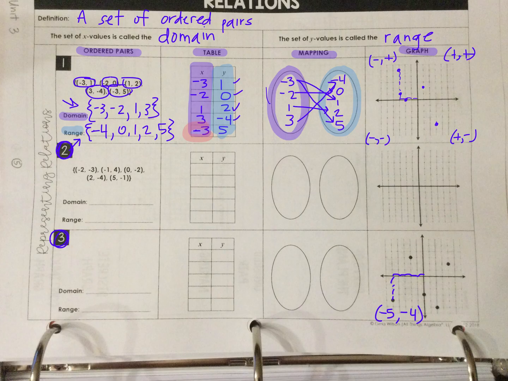So -5, -4 is my first point. So I'll just go ahead and give that one to you. Okay, the rest of them you're going to have to figure out and fill in the rest of this page. Thank you.